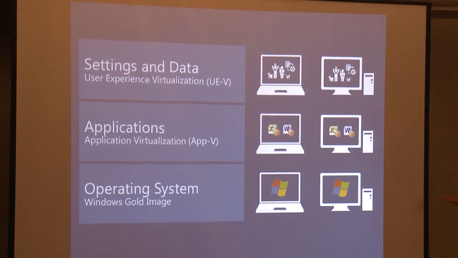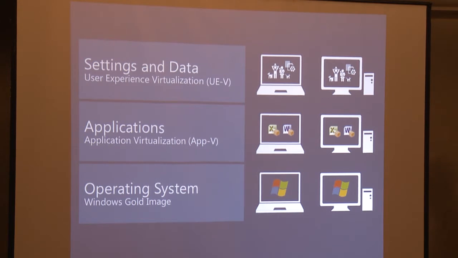So my operating system might be remote desktop services, it might be physical Windows 7, it might be virtual Windows 7, and hopefully I can take my applications and virtualize a certain component of those and deliver them regardless of that desktop type.